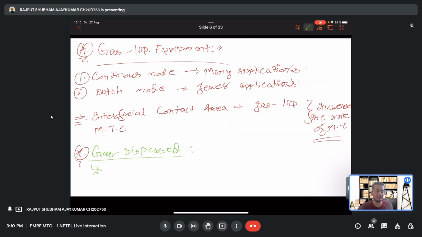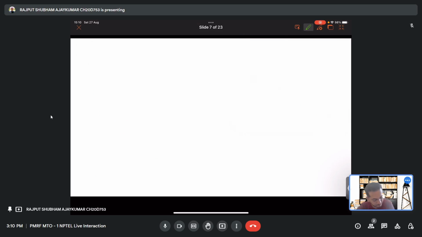It depends upon the type of the product you want and the process feed you are processing. Gas is dispersed in the liquid, and the second one is liquid dispersed.